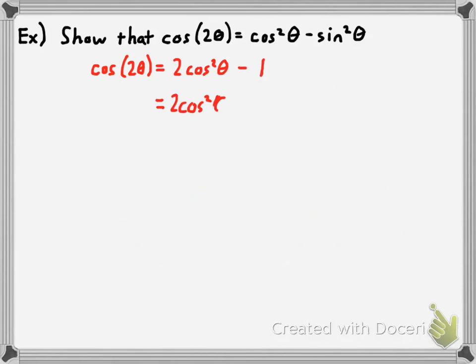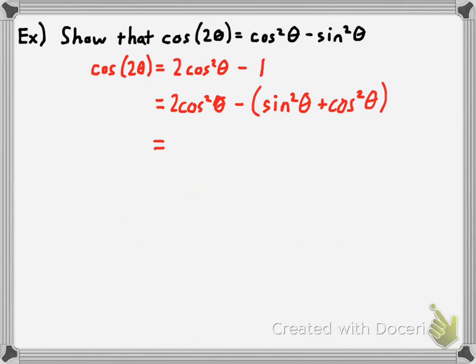and then I'm going to put minus. And then I'm going to use one of those identities we talked about earlier. Remember that the sine squared of an angle plus the cosine squared of an angle is always equal to 1. So I can replace 1 with sine squared theta plus cosine squared theta. It gets pretty cool to do all these little substitutions and see that it works out. Once you get the hang of it, you really enjoy it.